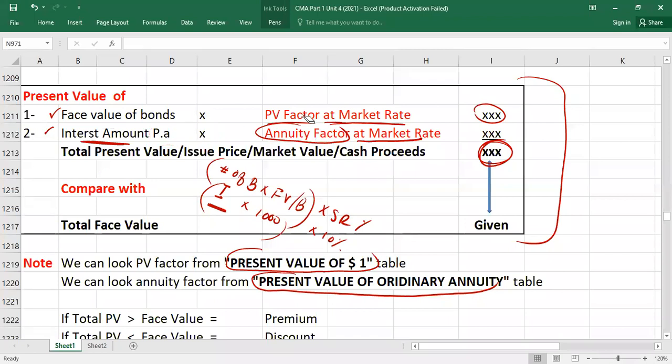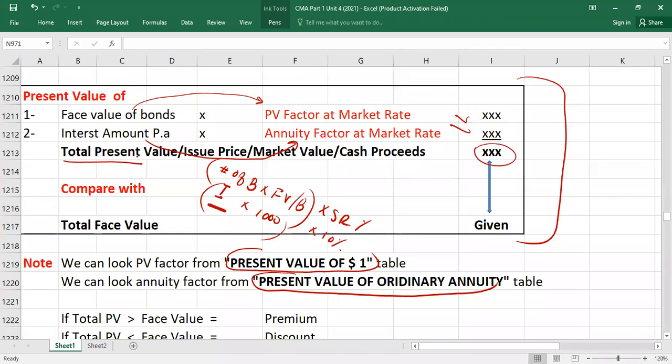Once you multiply the face value with the PV factor at market rate, and the interest with the annuity factor, you will get two present values, right? These two present values you have to add. What will this give you? The total present value of one bond. Why one bond? Because I have used the data of one bond.